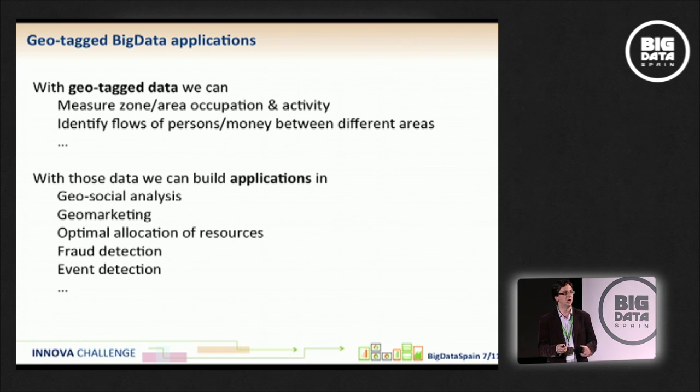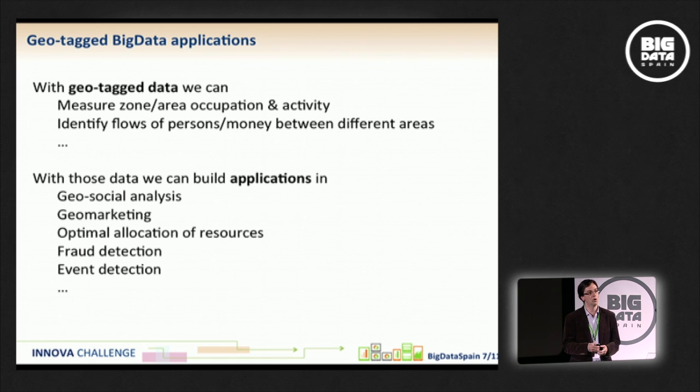The second is to identify flows: how people are moving in the cities, where money is going from one place to another, or how diseases are propagating in countries. Of course, there are many other things, but basically you have a measure of how people or activities are allocated geographically, and also of flows between different regions in the city.